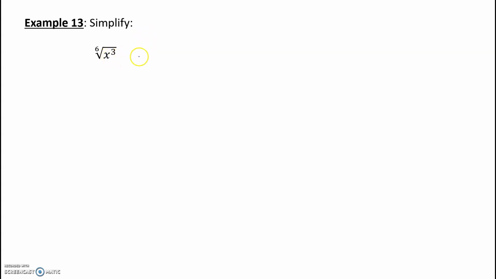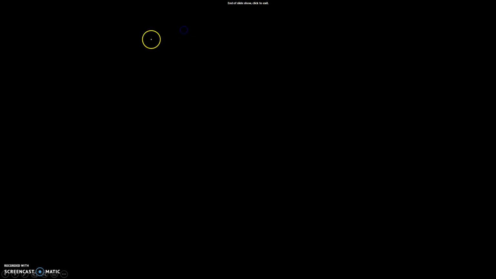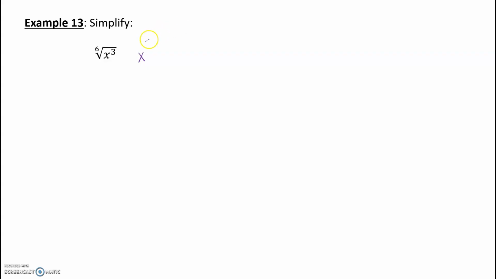But if you put it in exponent form, power over root, the power is 3, and the root is 6. So sometimes putting it in that form, you can actually simplify. So 3/6 is actually 1/2. So remember, power over root, this is actually saying the square root of x.